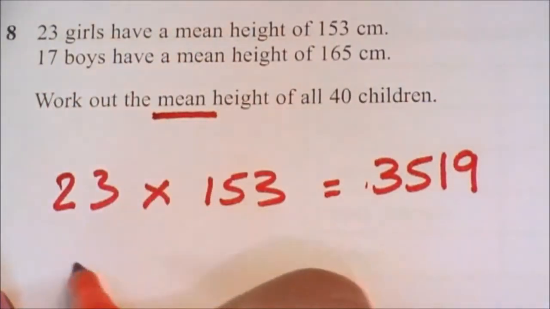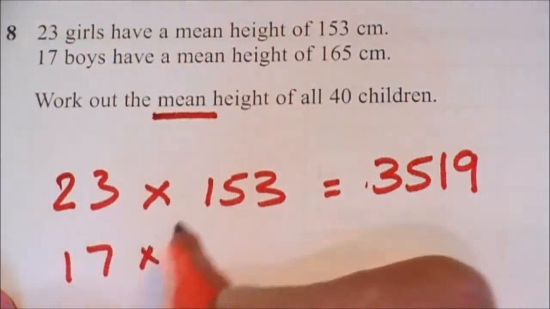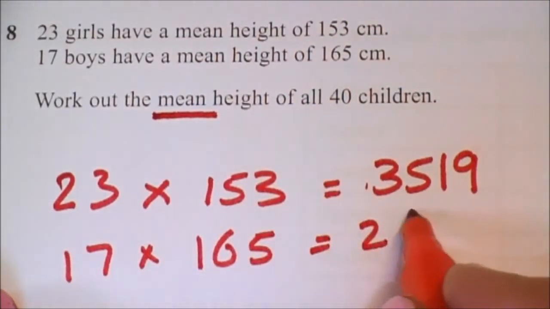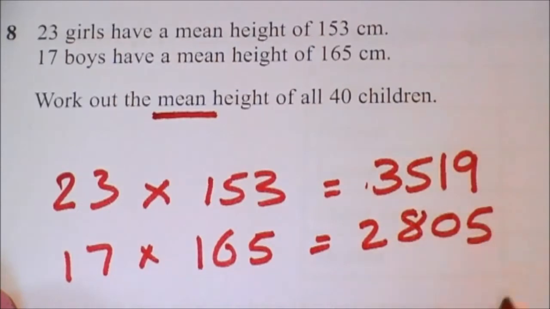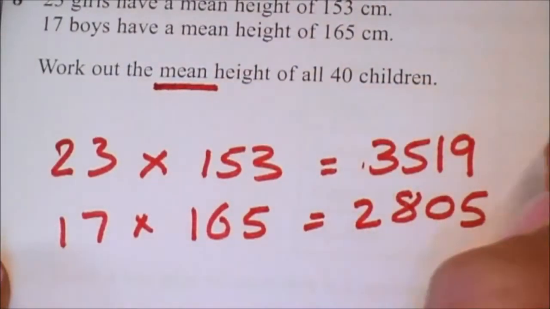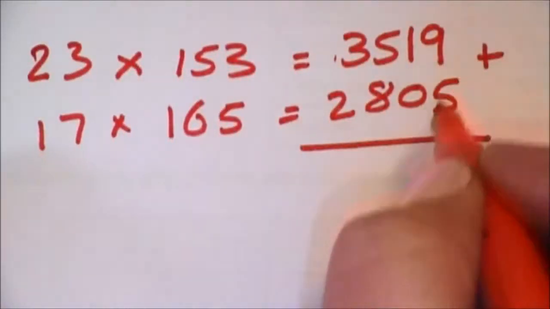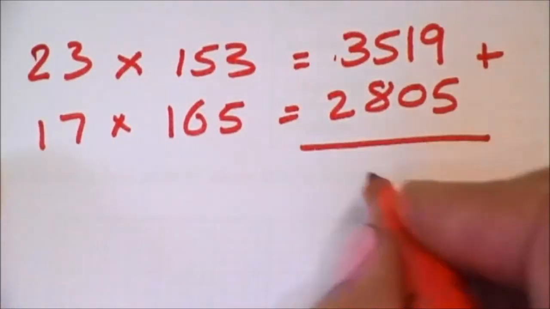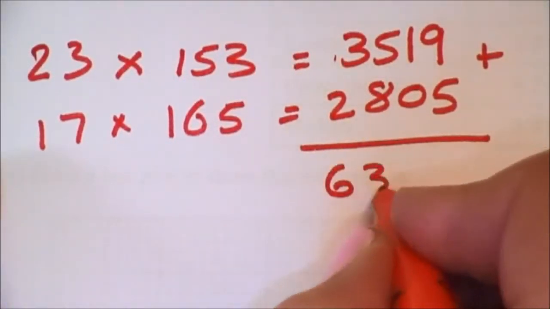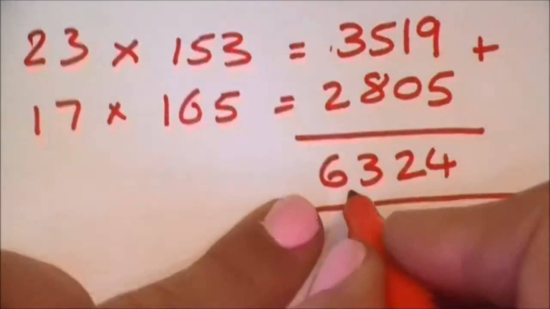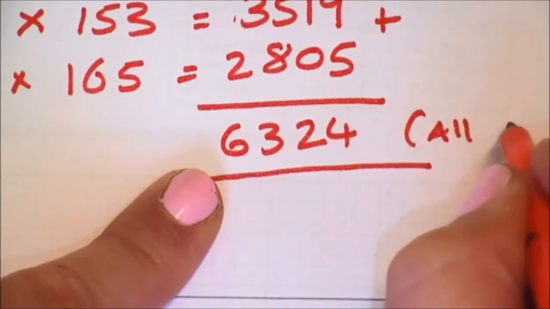Then I want to find the total heights of the boys. So I've got 17 lots of 165, which is going to give me 2,805 centimetres. I'm then going to add them together to find the total height of all pupils. So when I add those together, it gives me 6,324 centimetres. So that's the heights of all children.